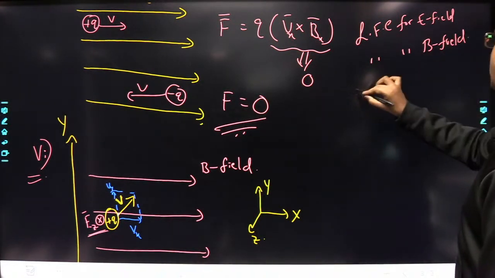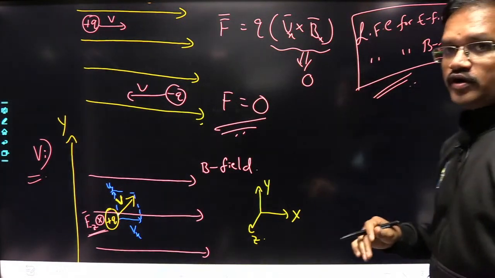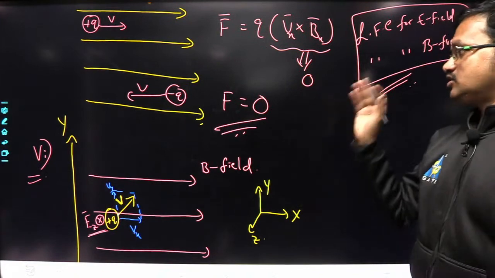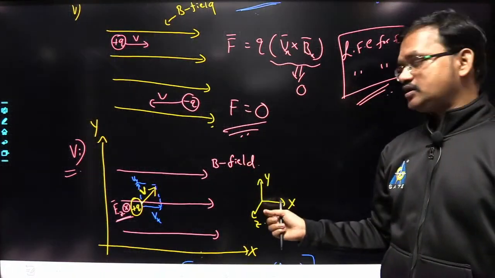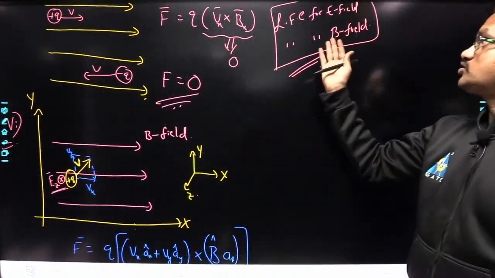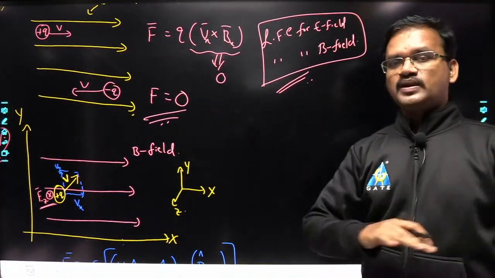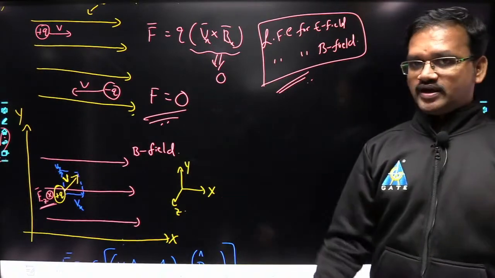Based on this Lorentz force equation, we are going to see one application, which comes under EDC. That is the Hall effect. In the Hall effect, you are going to use this Lorentz force equation. Briefly I will explain within 10 to 15 minutes what that application is.